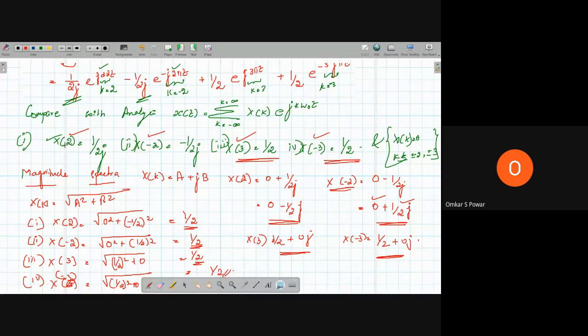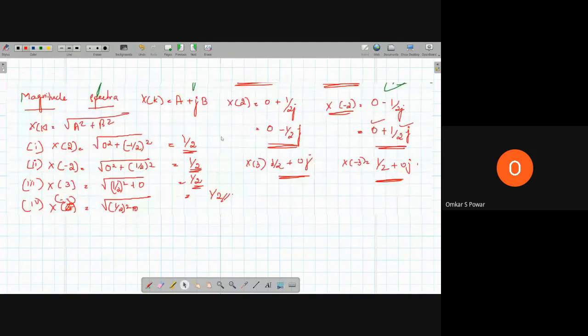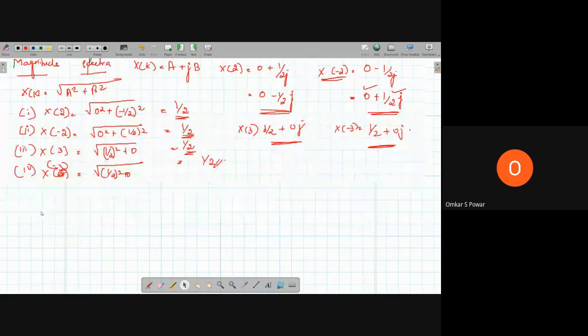So in order to calculate the phase spectrum, let me take this magnitude spectra to the next page. So let me take to the new page. So we have our magnitude spectra at the top. So let me write the phase spectra here. So what is our phase spectrum? Phase, first one, angle of x of 2, which is equal to tan inverse of b by a.